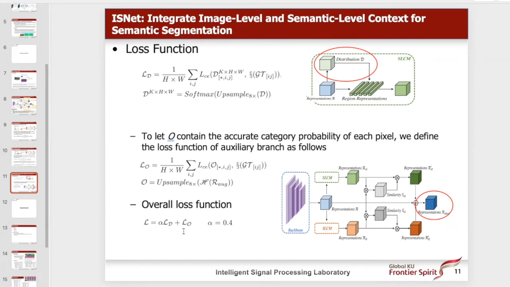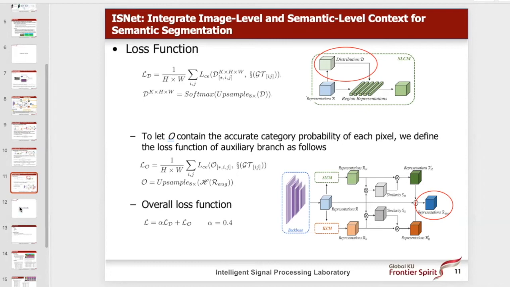This O sub star ij is really the final thing, the main thing that you want to be as close to the ground truth as possible. But you're still adding L sub D to the loss as well. Okay, alpha is 0.4, so you have a way to reduce the influence of L sub D. Okay, all right.